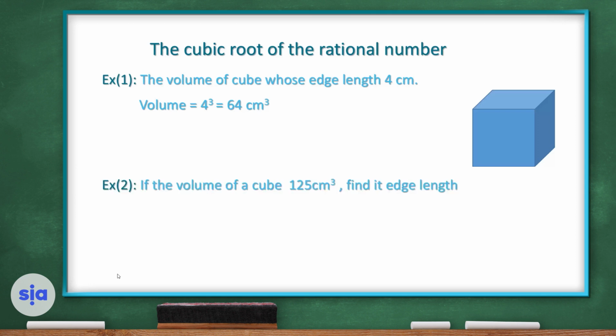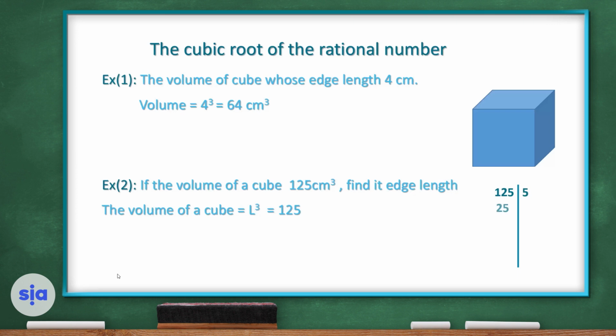Another example, the question says, if the volume of a cube is 125 centimeters cubed, how can we find the length of its edge? So L cubed, or the side cubed, is equal to 125. Then we need to make prime factorization for the 125.